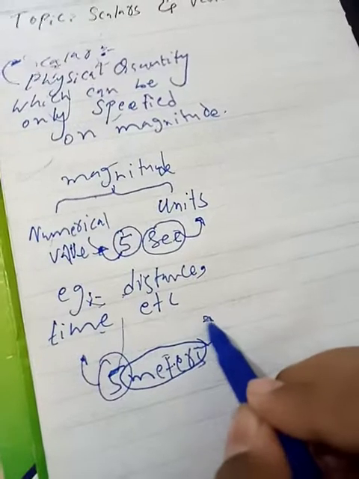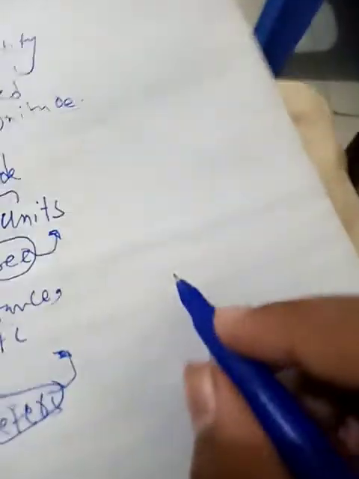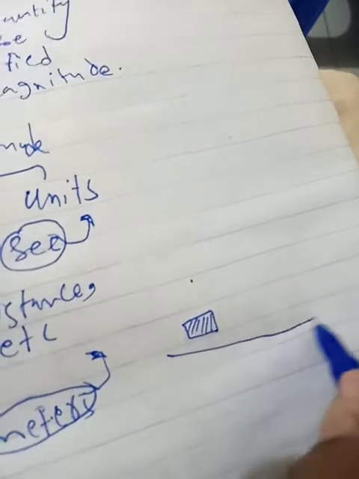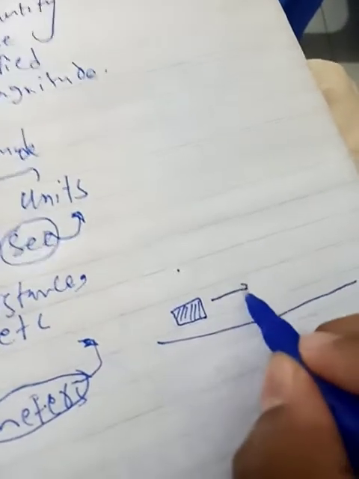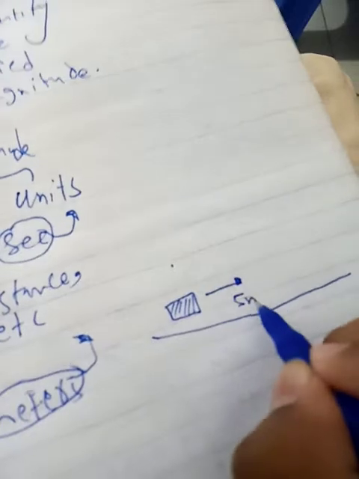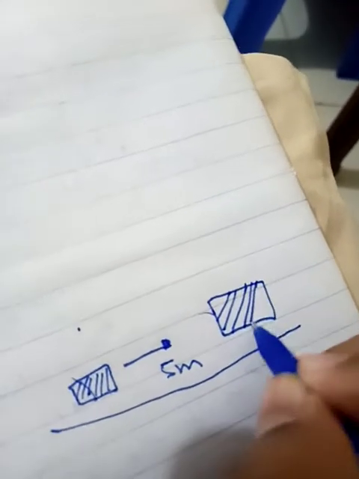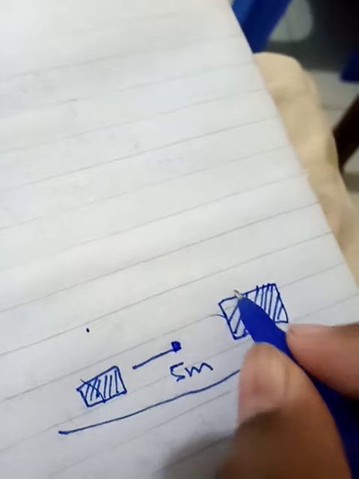Now what if we get a statement like this: a brick on the ground is displaced 5 meters from its stationary state towards its right side. How will you define it? I said that this brick has been displaced 5 meters towards right.